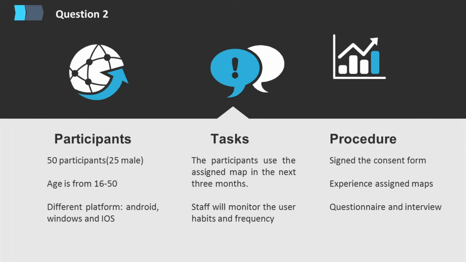The interactive map can be installed on Android, Windows, and iOS. They use the assigned map for the next 3 months. During this time, staff will monitor the user habits and the frequency. After that, participants will complete a questionnaire and interview to share their experience and feelings of using the map.